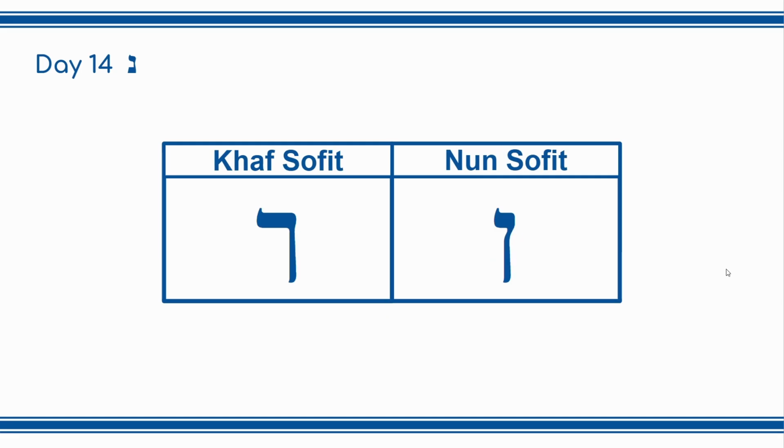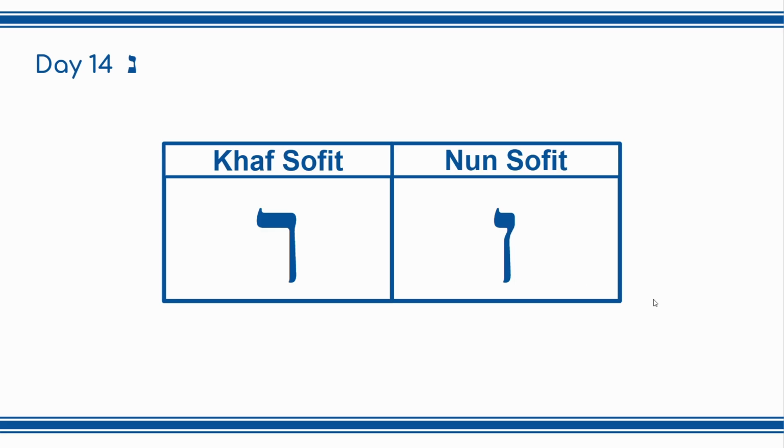Now, you may also get Nun, that is Nun Sofit, confused with Chaf Sofit. So you can see at first you may get that mixed up, but this part at the top is shorter, and this part is longer. You can see that. So just keep in mind that Chaf Sofit, the top of it, is longer. Nun Sofit is shorter. And also, if you notice this part here, this looks like it goes straight down, whereas this over here is kind of bent.